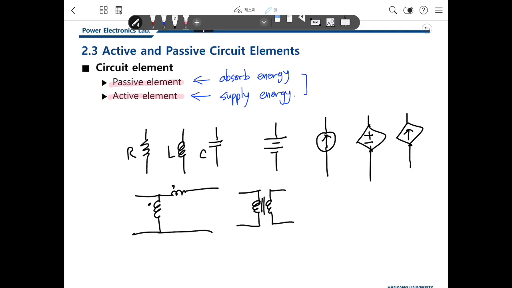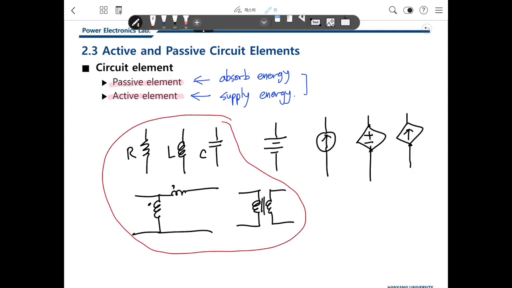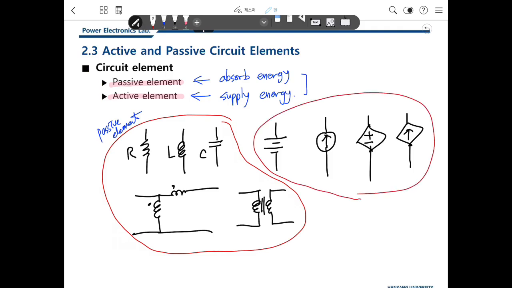There are many things. Then these will be passive elements. And these will be active elements.